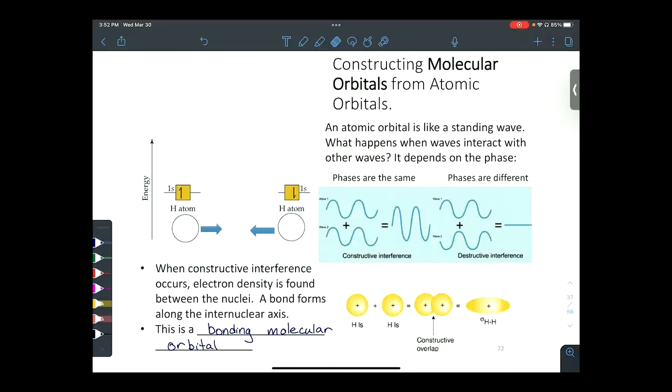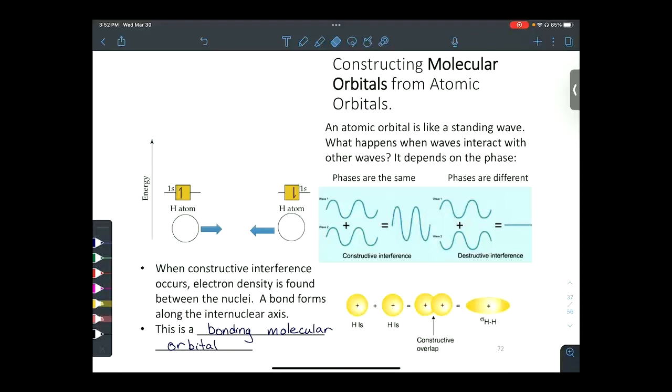So here's a trick question for you. When we hybridize, if I combine two atomic orbitals, I get two hybrid orbitals out. So in this picture, I'm combining two atomic orbitals on hydrogen.